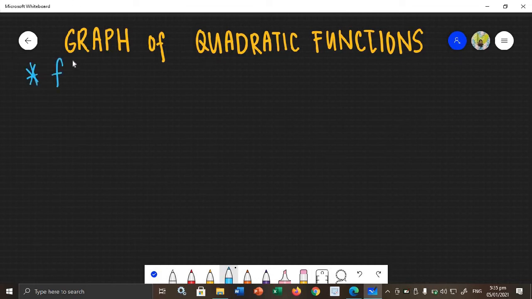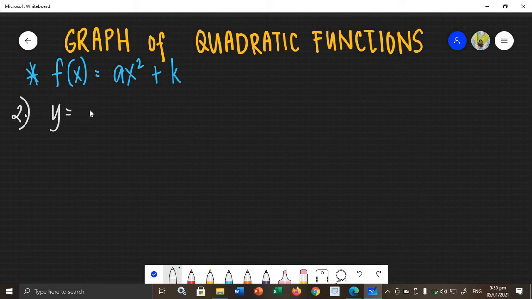So the second form is f of x is equal to ax squared plus k. So we added another variable. So let's say, for example, we will graph this function: negative x squared plus k.